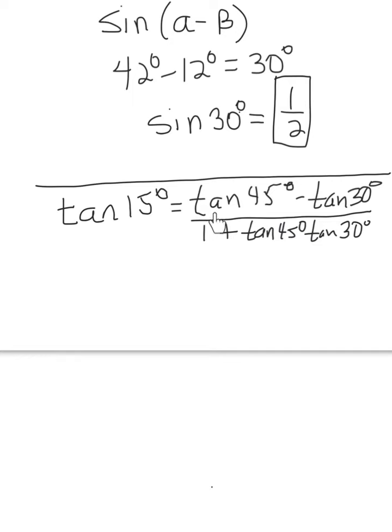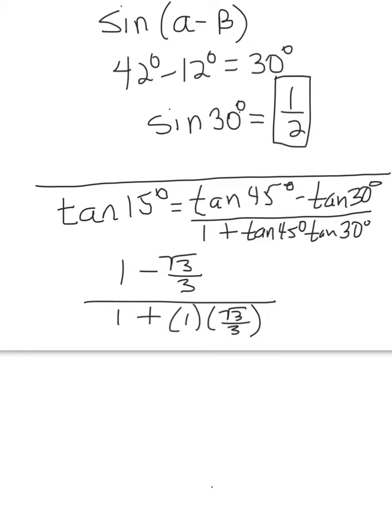Okay, so using our tangent formula, we have tangent of 45 degrees minus tangent of 30 degrees, that'll give us tangent of 15, divided by 1 plus tangent of 45 degrees times tangent of 30 degrees. So when we find these values and simplify, we will get the exact value for the tangent of 15 degrees.